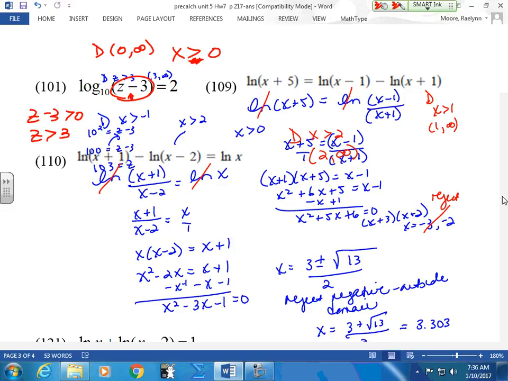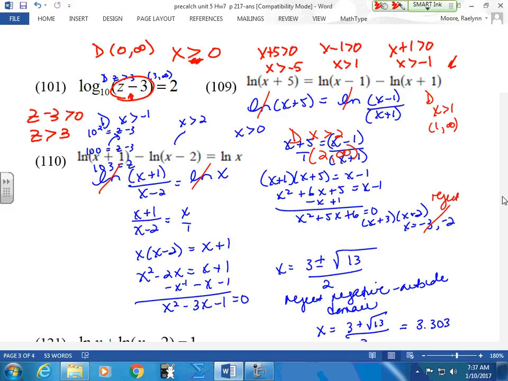All right, so this is a good thing for us to go through right now. If we're looking for what the domain is for this equation, we'll talk about the equation in a minute. If we set each one of these greater than 0, and we solve, x is greater than -5, x is greater than 1, x is greater than -1.